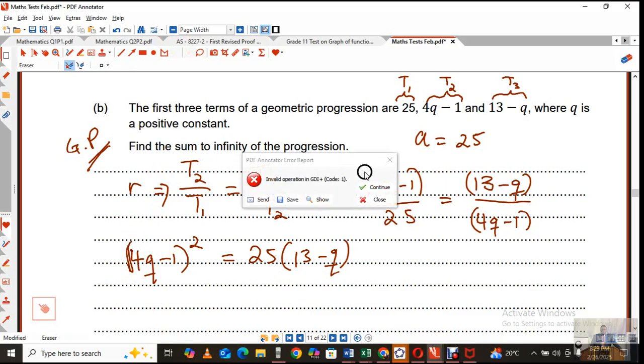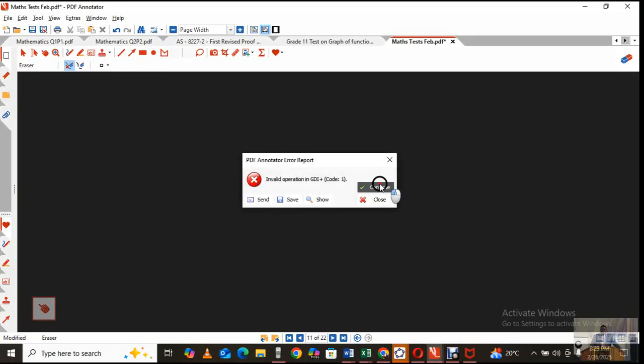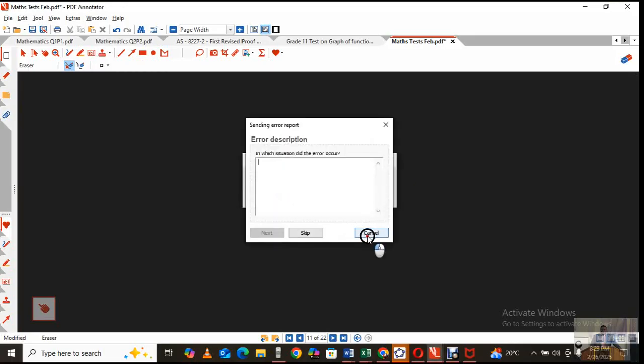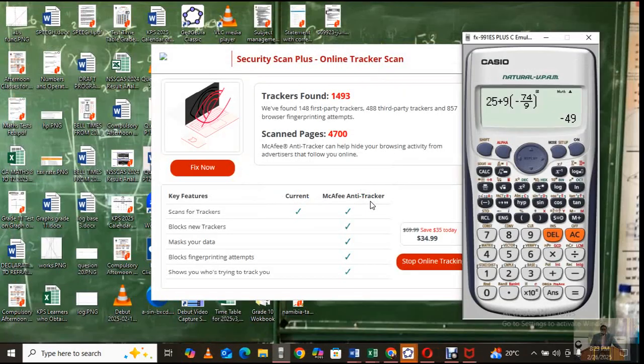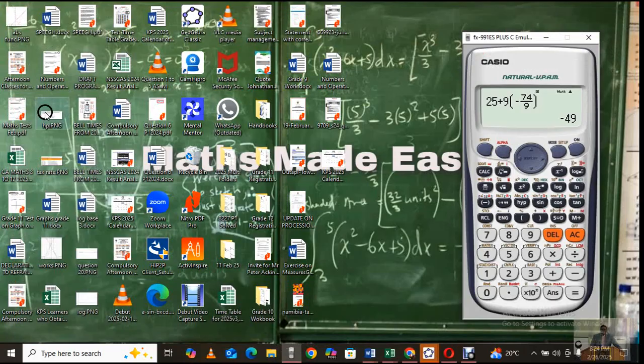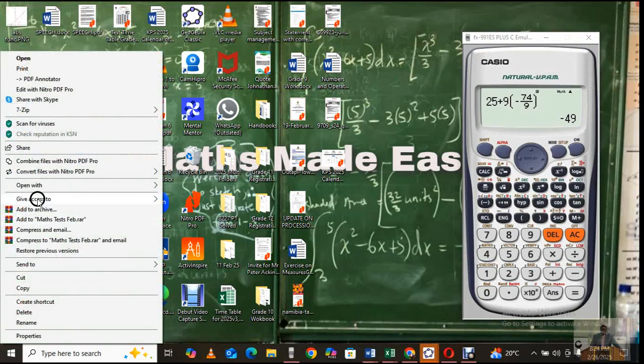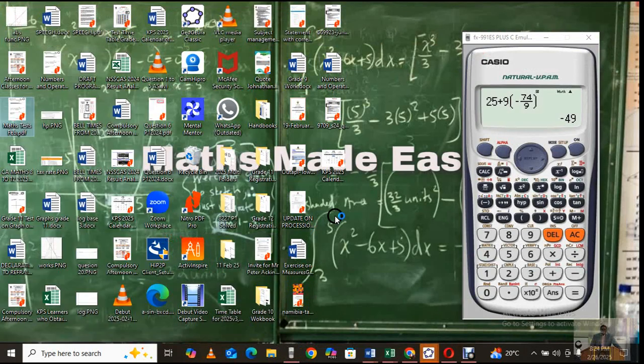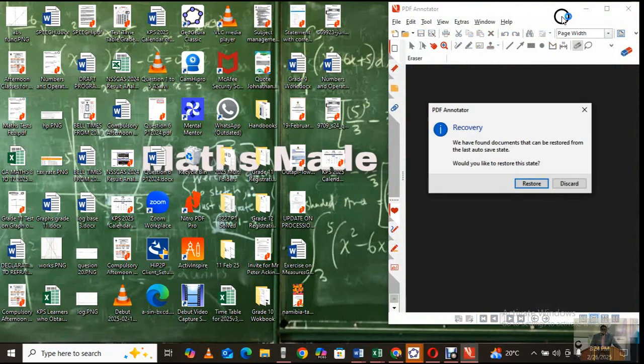Okay, so don't worry, we'll have to pause a bit. I pressed one of the things that I wasn't supposed to press. I'm going to save. Let's just close it, and we're going to open it up again. There's a lot of things going on here. Let's just go back and open using PDF Annotator, which is a software that, of course, you can buy.